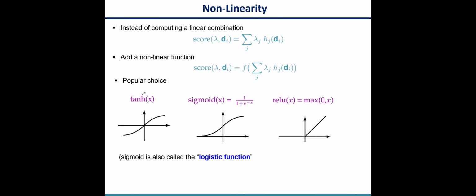That nonlinear function is called an activation function. So tanh, sigmoid, and ReLU, the rectified linear unit, are the activation functions they use. These three are the most common activation functions we use in our neural networks.